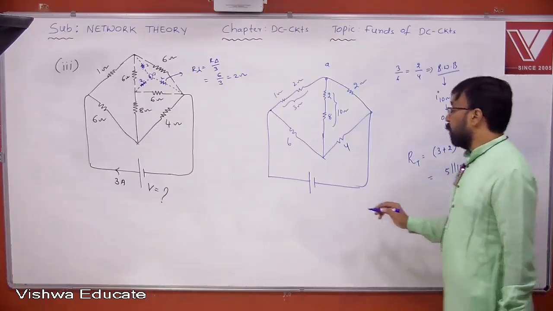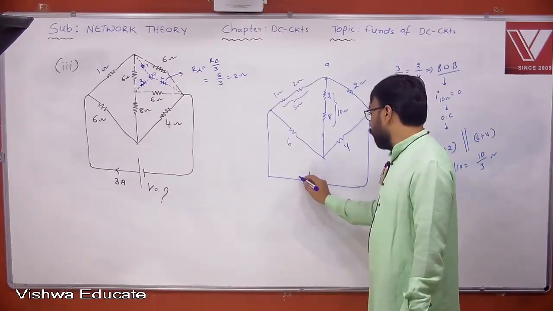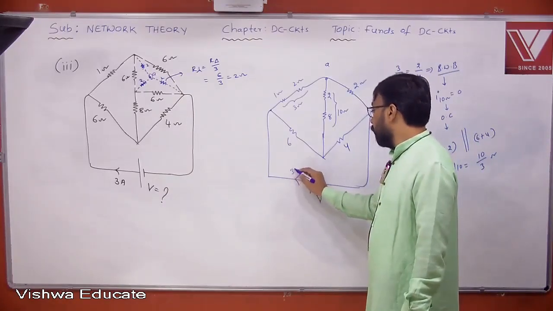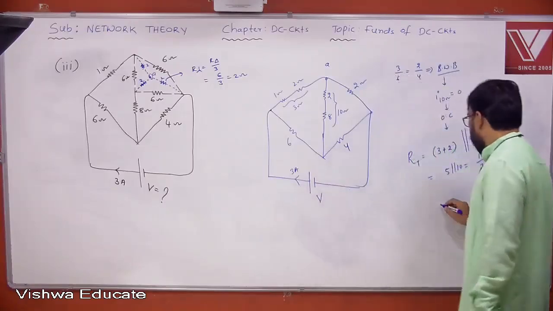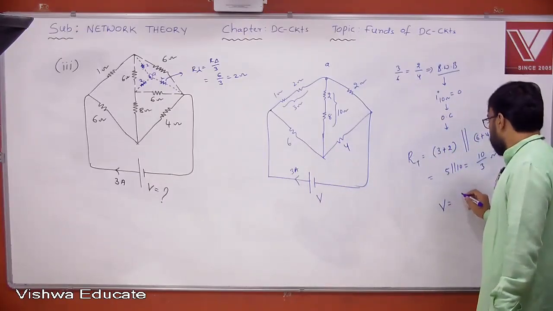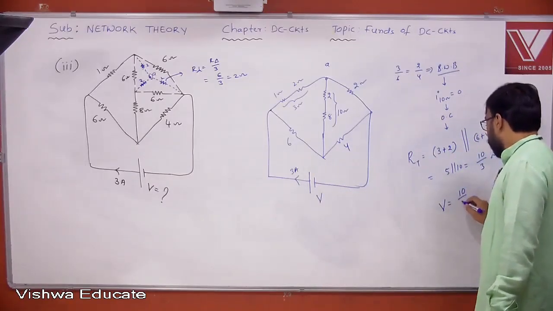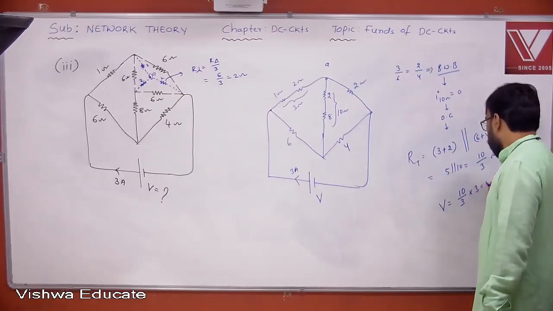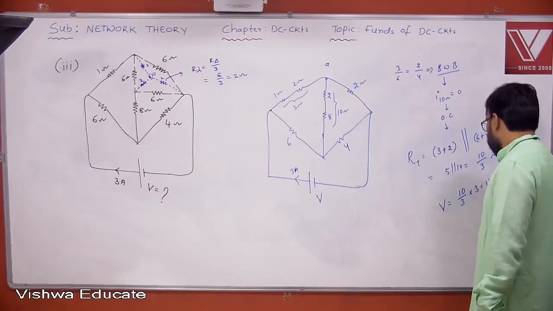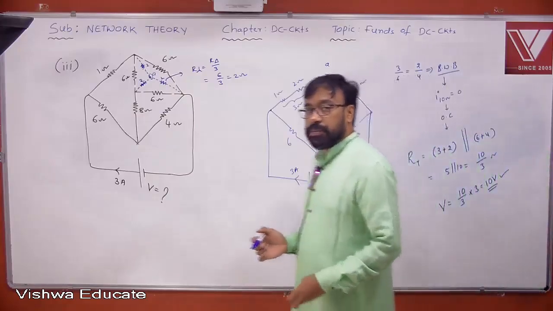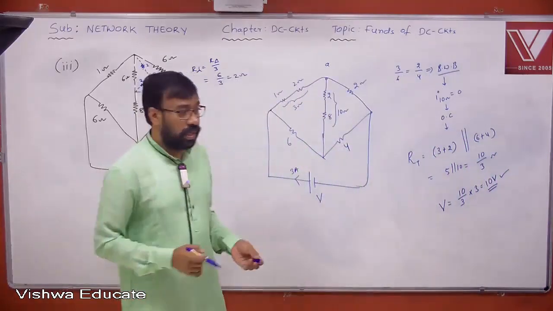But you are asked to find the total voltage V. This is given as 3 ampere. Now V is equal to 10 by 3 resistance, right? Into 3, this is 10 volts. That's it. You understand, all of you? So this is how you can solve.